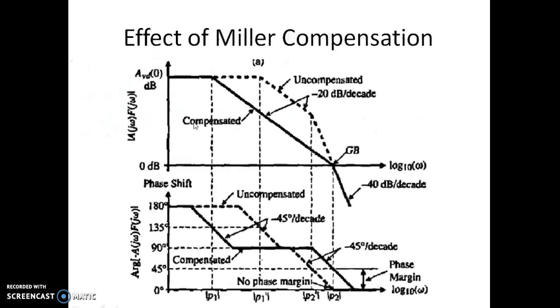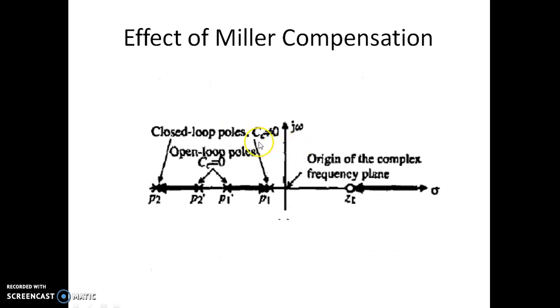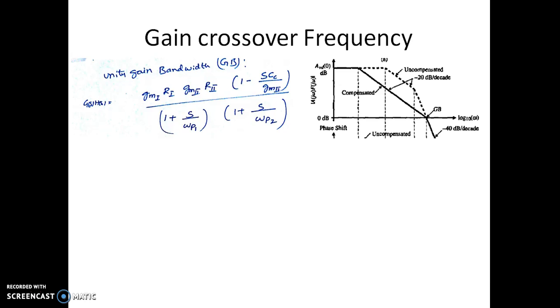That's what we saw in the previous slide. Now this is the zero on the right hand side, and this is P1 and P2, the poles upon providing the compensation. This is G(s)H(s), the open loop transfer function.